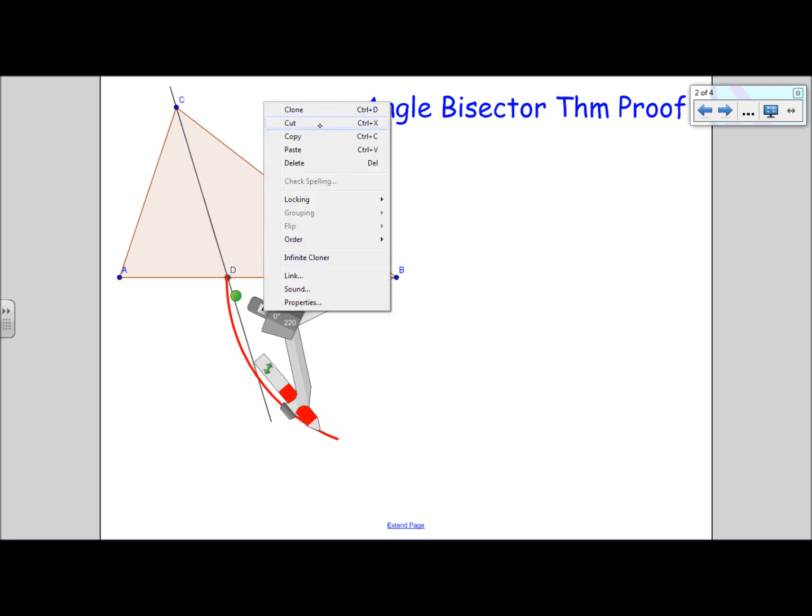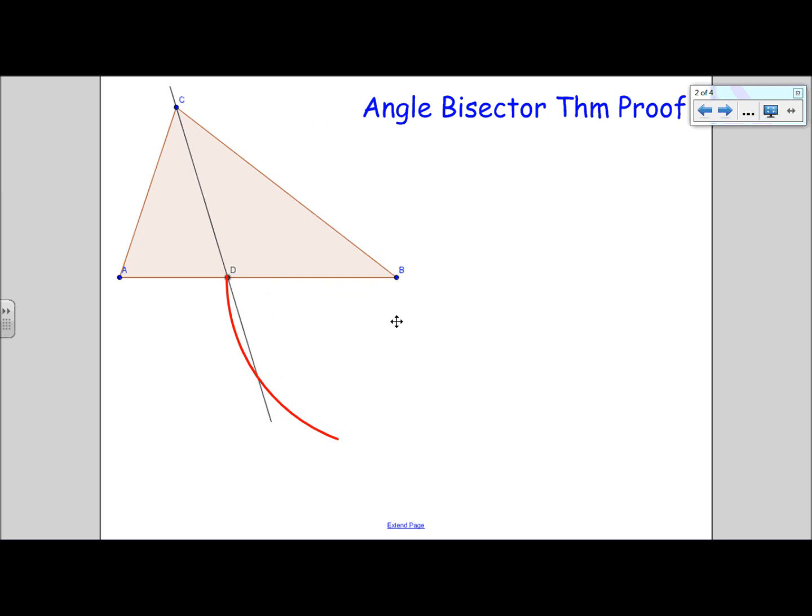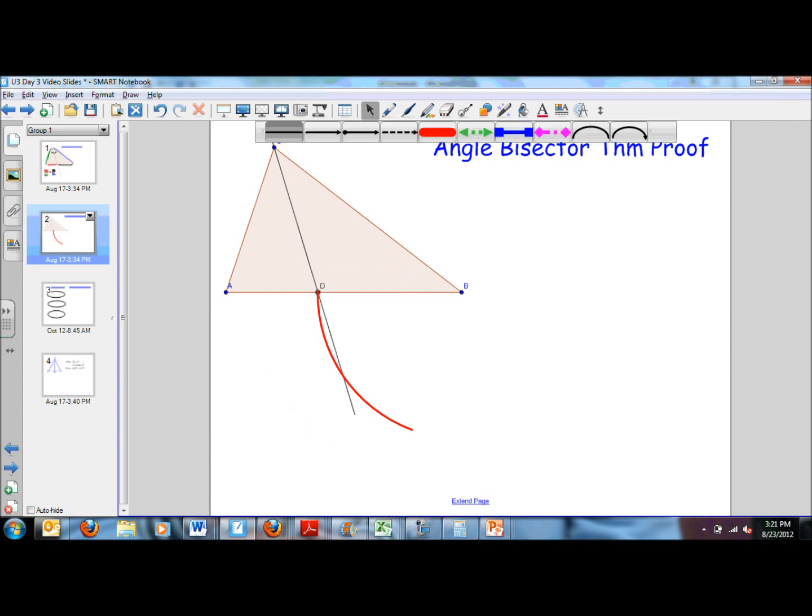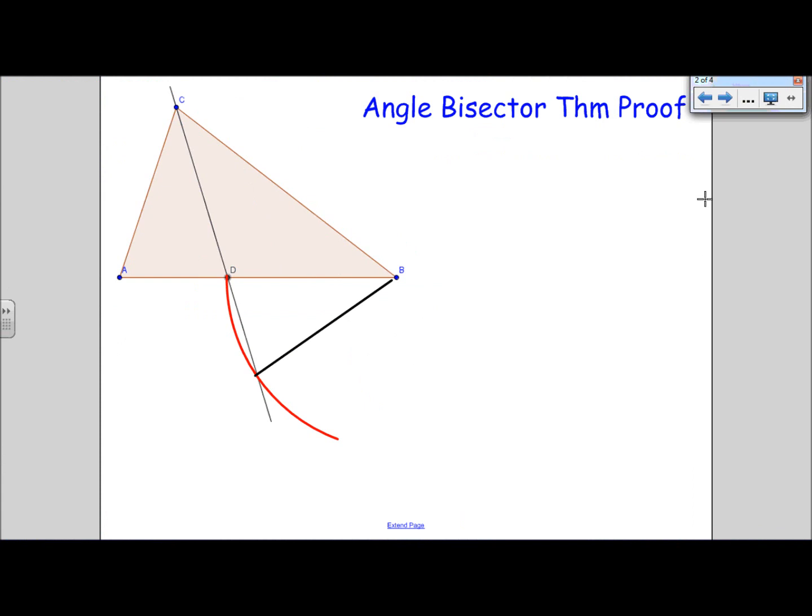Why we use the compass, hopefully obviously, is that we make a lot of nice relationships with a circle. Every point on that circle is equidistant from B. So if I draw a line from this new intersection to B and connect it, what can we say about that?